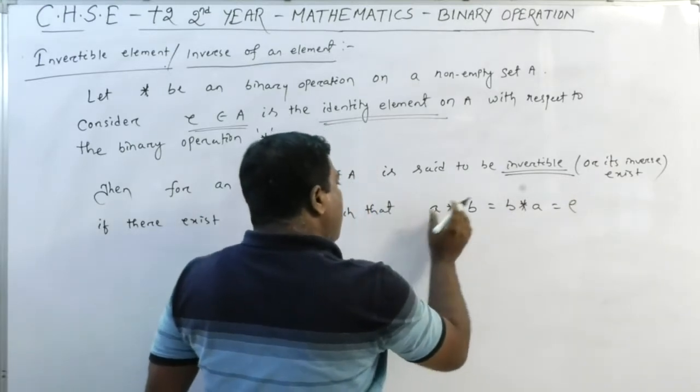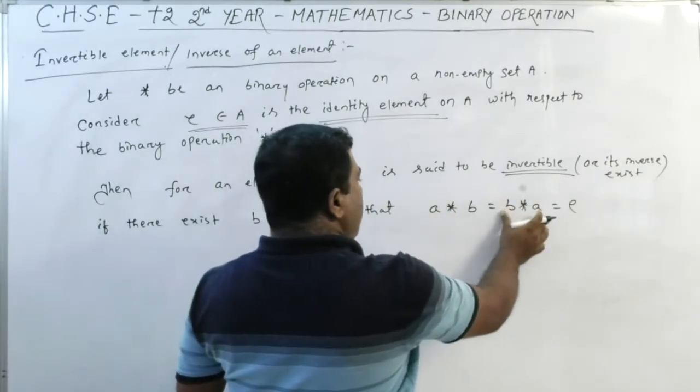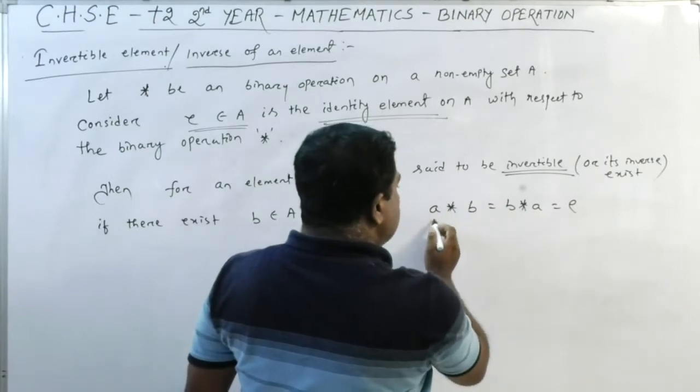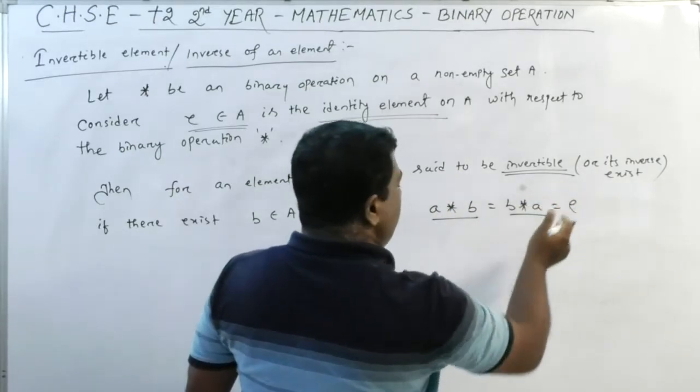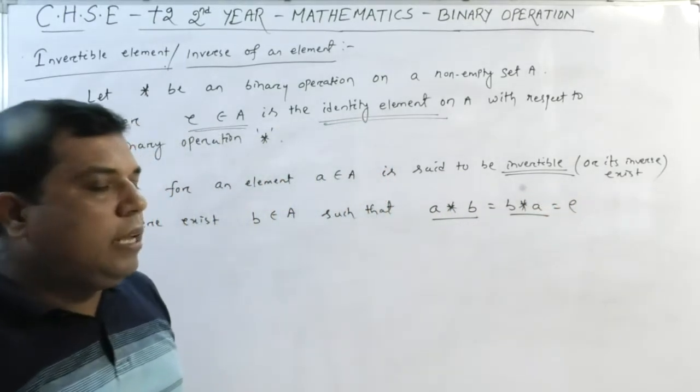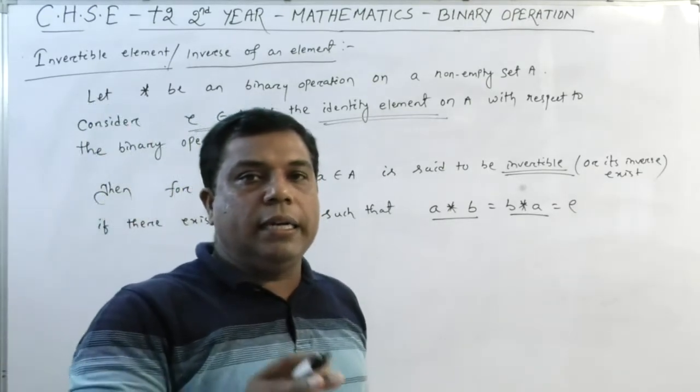So either A operated on B or B operated on A, in both cases the result is equal to the identity.